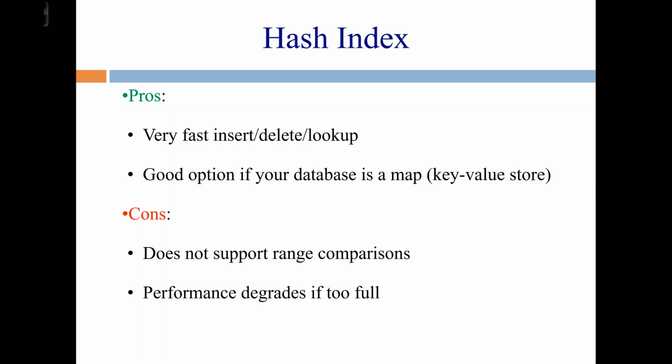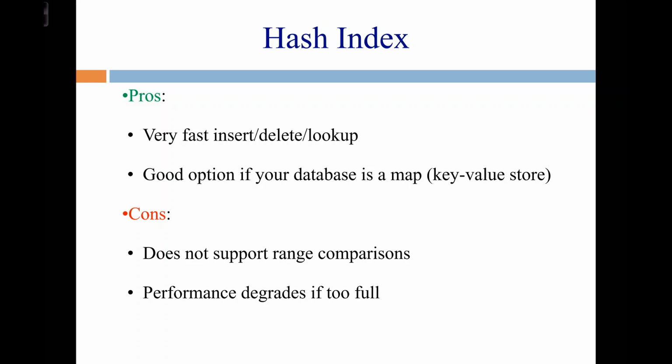So there's no ordering. It doesn't help you with order by. It doesn't help you with finding all things that are greater than X and less than Y. And this last one, though, performance degrades if it gets too full. That's actually the most important downside to a hash index.